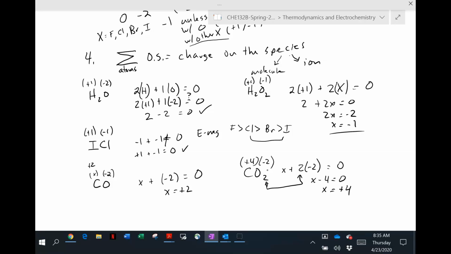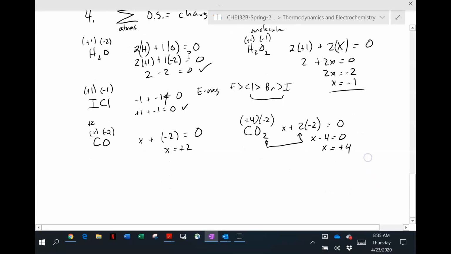Let's look at a polyatomic ion now. Let's do another halogen one. Let's look at the chlorate ion, for example. In this case, I'm going to say that the chlorine is my X, because when halogens are in a compound with oxygen, they're not going to be -1.